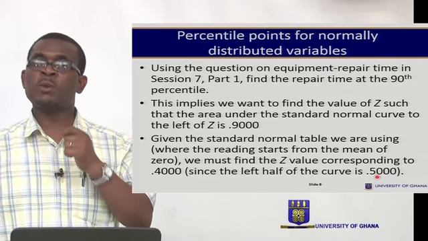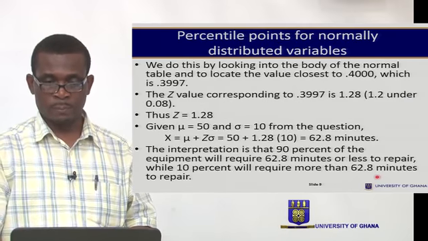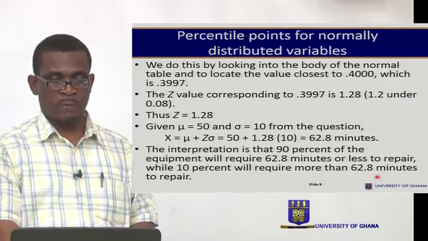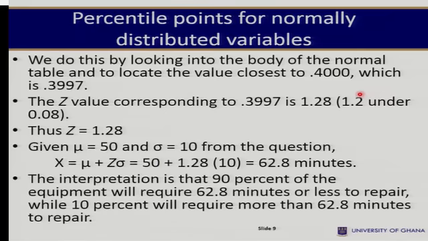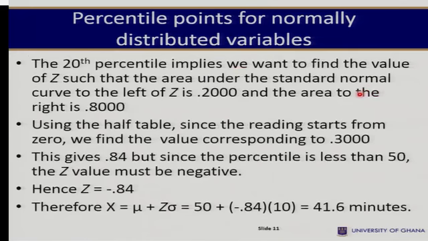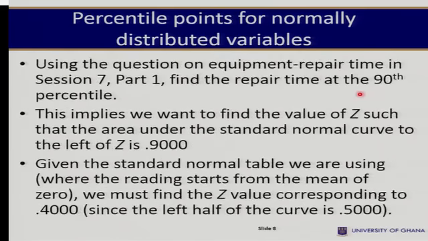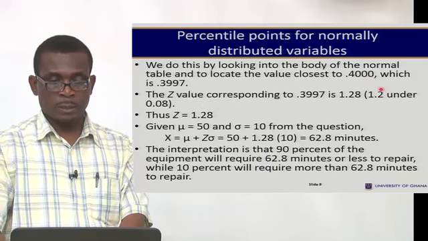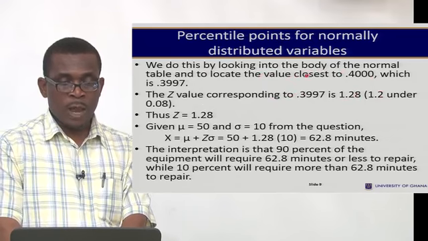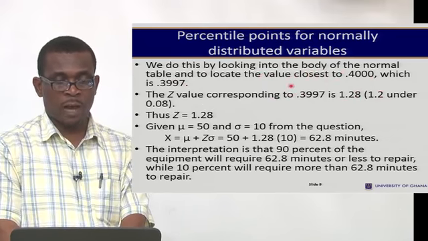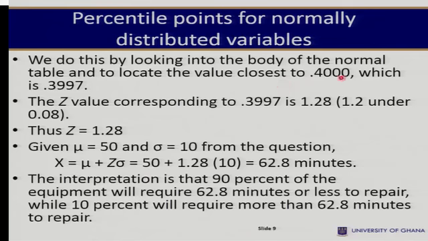So you read the table in the reverse order. It means that you take the normal table and look in the body of the table for the area closest to the value 0.4000.